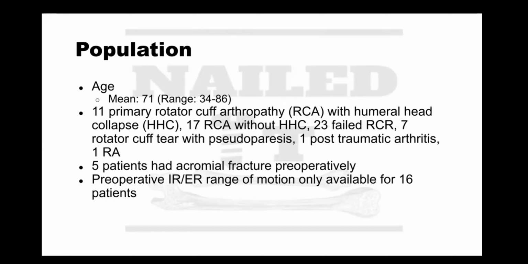So basically that hornblower sign, the inability to activate or forward elevate without any actual nerve injury, and post-traumatic arthritis and RA, 1 each respectively.